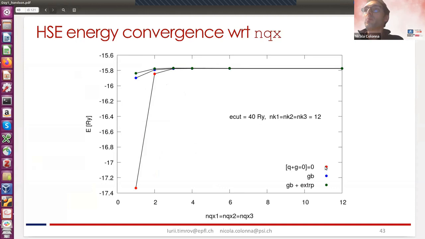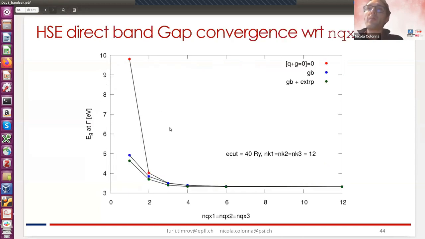So even if you don't put in any Gygi-Baldereschi correction, already 3 by 3 by 3 is enough to converge the simulation. If you plug in the Gygi-Baldereschi correction, you are almost converged even with a q mesh of 2 by 2 by 2.